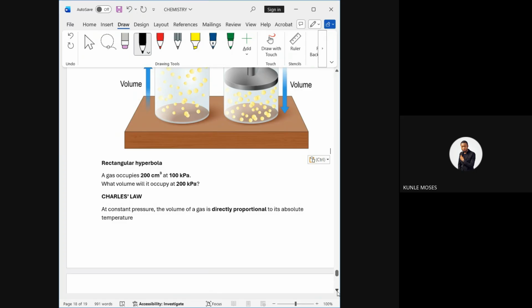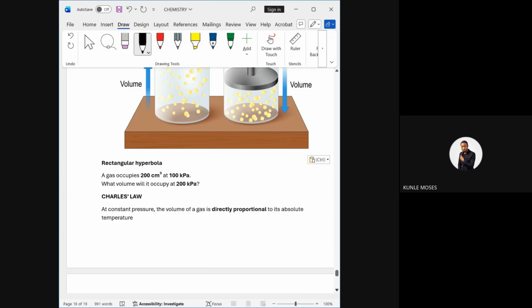Which question are you saying? A gas occupies 200 centimeter cube at 100 pressure. What volume will it occupy at 200? What is your P1? What is your P1? 100 centimeter cube. You still remember the formula now?